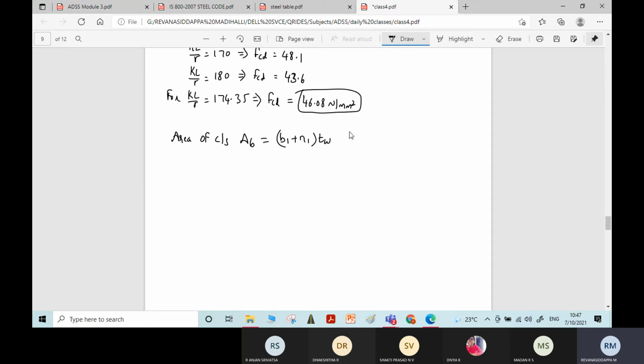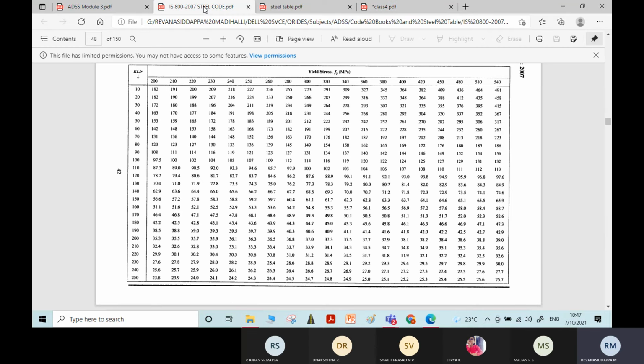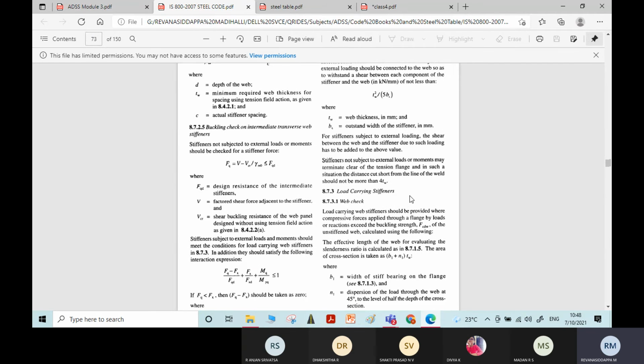This formula is there in the code book, page number 67, I think, 70. Yes, here we have that formula, B1 plus N1 into TW.